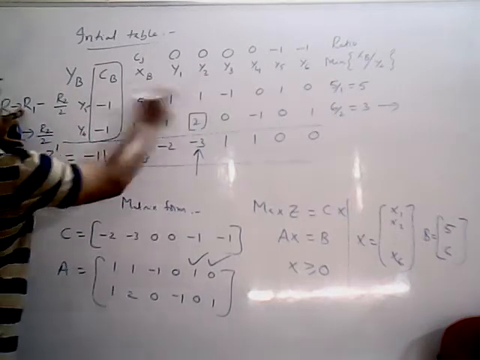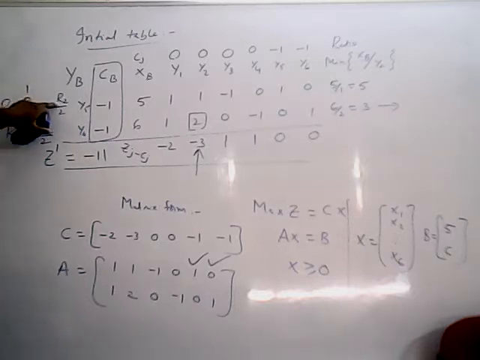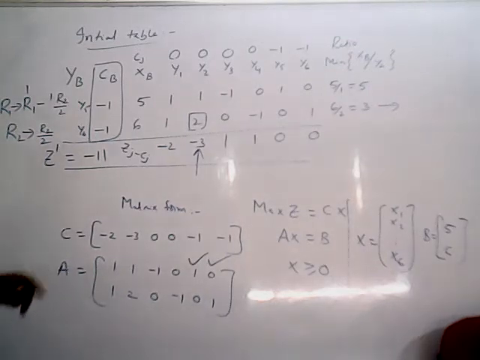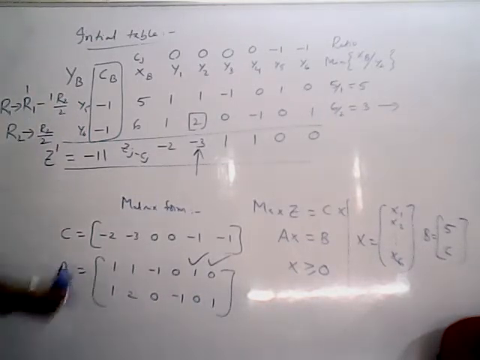Whatever the element may be, whether it is 1, 2 by 2, or 3 by 2, that should be multiplied here. So 1 should be multiplied here. That means 1 into R2 by 2 gives R2 by 2 only. So what are the two operations for the second table? R2 implies R2 by 2, R1 implies R1 minus R2 by 2. These are the operations for the second table.